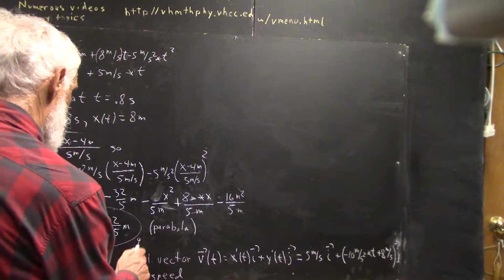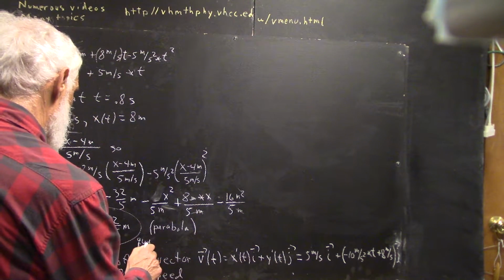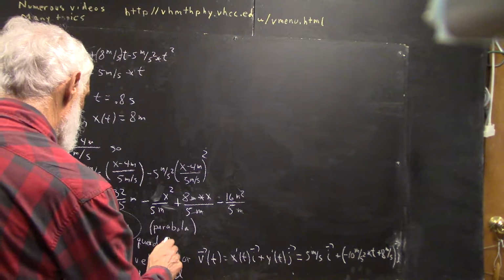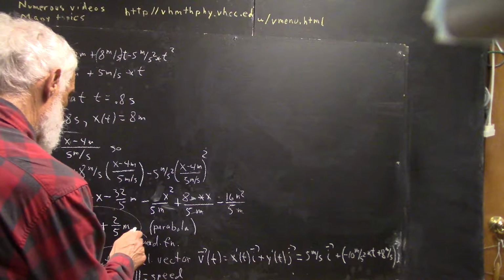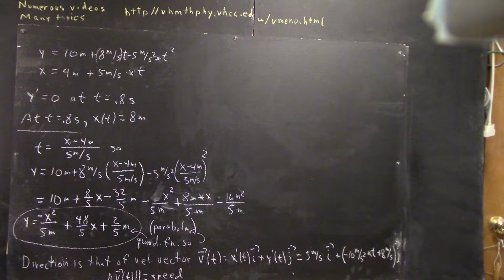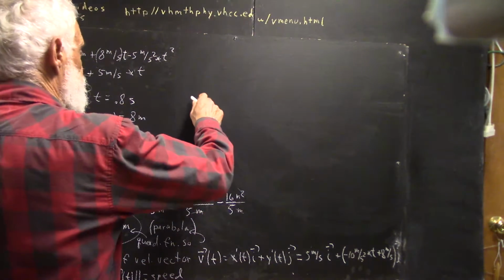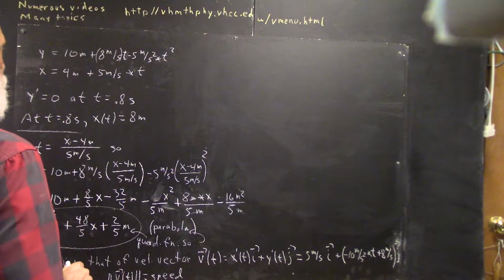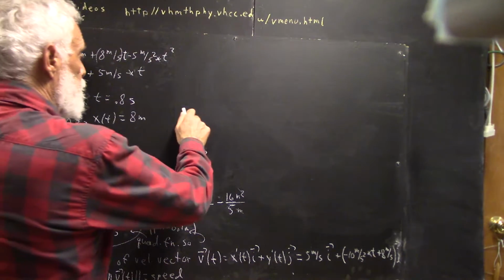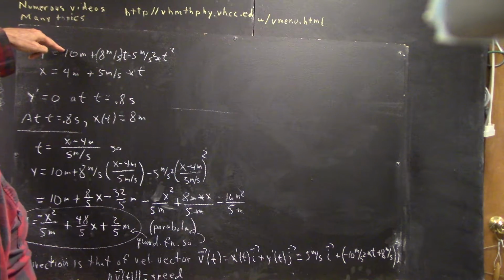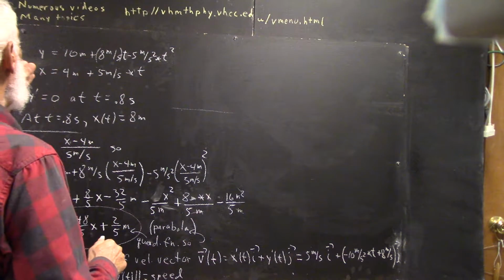So I could say this is a quadratic function, so our graph is a parabola, meaning that, okay, when t is 0, y is 10 meters, so let's just put an origin here. And when t is 0, x is 4 meters.